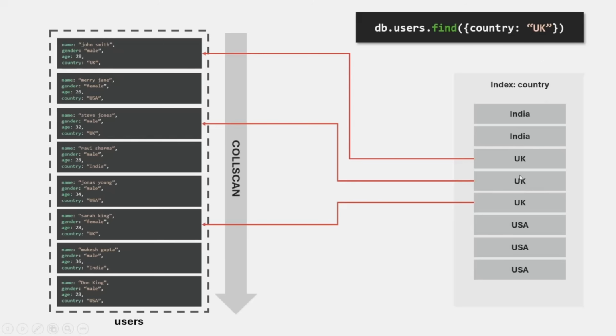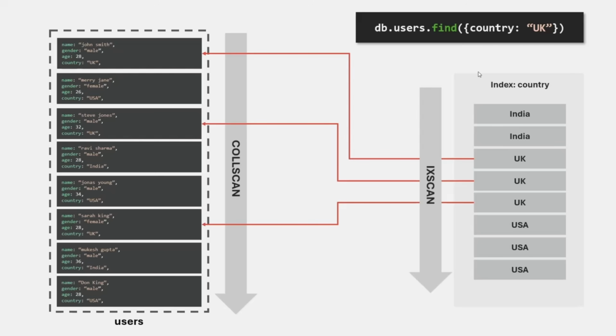So we have these three pointers pointing to the documents in the collection where the country is UK. From the collection, MongoDB goes directly to those documents and retrieves them. So here it will not do a collection scan. Instead, it is doing an index scan. We also call it an IX scan.